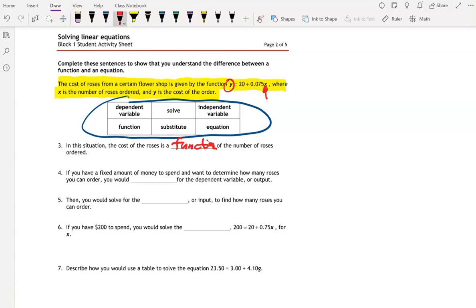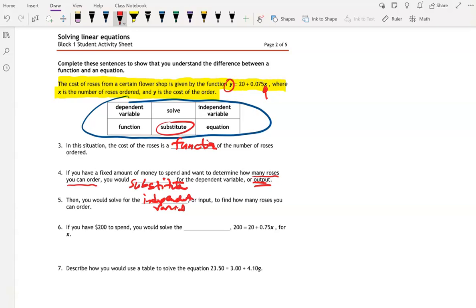However, if you have a fixed amount of money to spend and want to determine how many roses you can order, you would substitute for the dependent variable, or the output, and then you would solve for the independent variable, or input, to find out how many roses you can order.